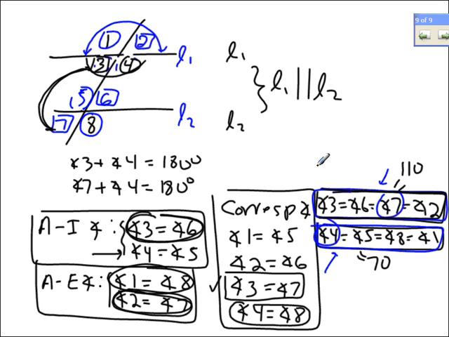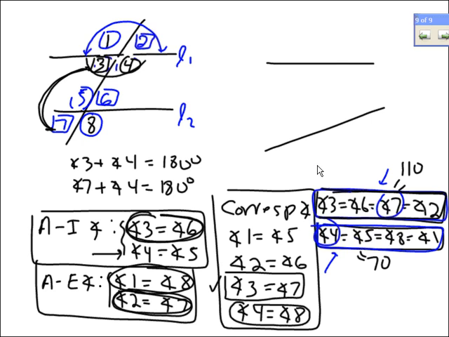If they're not parallel, you will have four different angles. Okay, let me just show you that, and that will finish this. No matter what, let me label them so I don't make any mistakes. 3, 4, 5, 6, 7, 8.